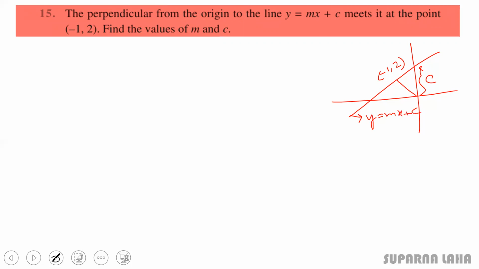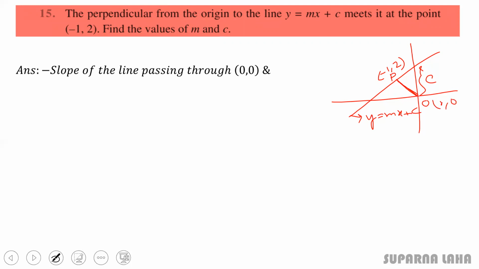Now look here, this line OP. You can easily find its slope since it is passing through 2 points, (0, 0) and (minus 1, 2). So the slope of this line is minus 2.